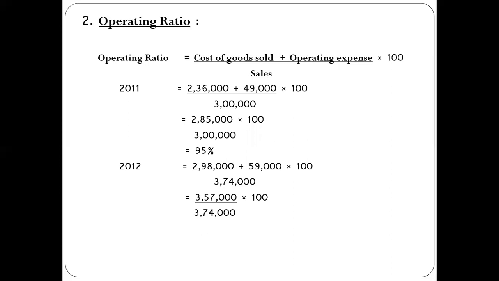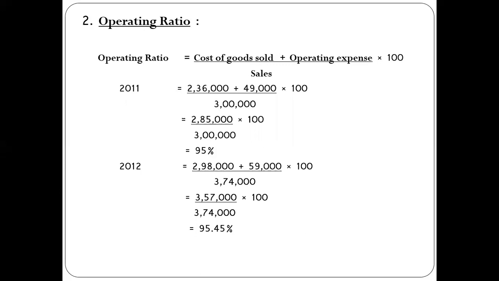So 3,57,000 divided by 3,74,000 into 100, and we get 95.45%. Here we can clearly see that in 2012 the ratio is increased, because in 2011 it is 95% and in 2012 it is 95.45%.